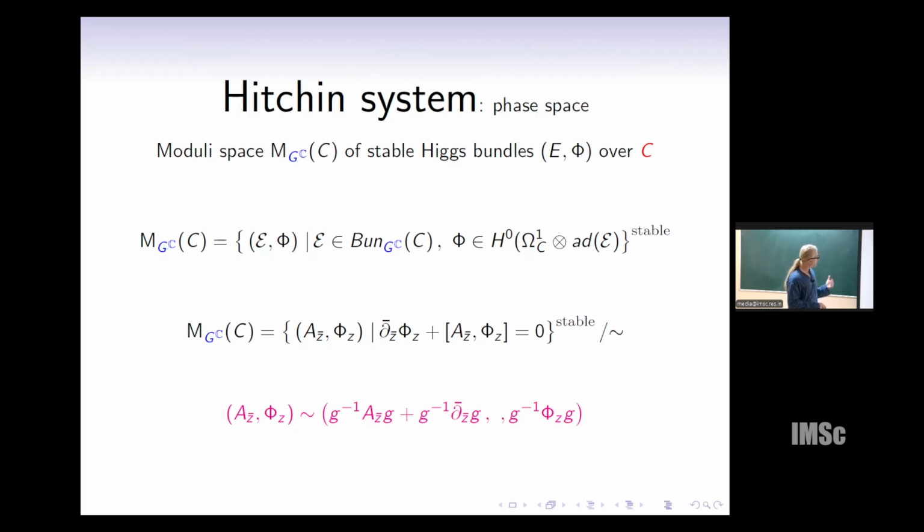And so Hitchin's idea was to take it to be not a scalar function, but a 1-0 form. So then these two are canonically conjugate. And so then we can perform a reduction similar to what we had in the Yang-Mills case, but now things happen in 2 dimensions. So the gauge group acts on these pairs in this way.